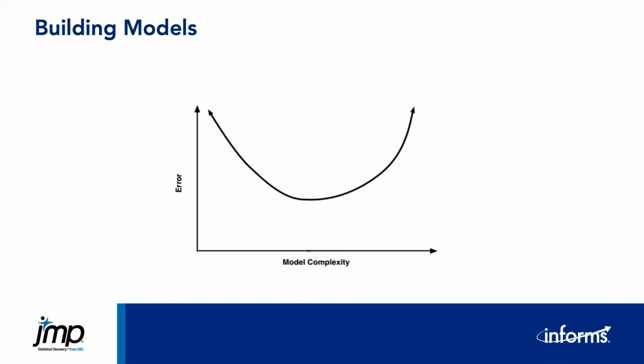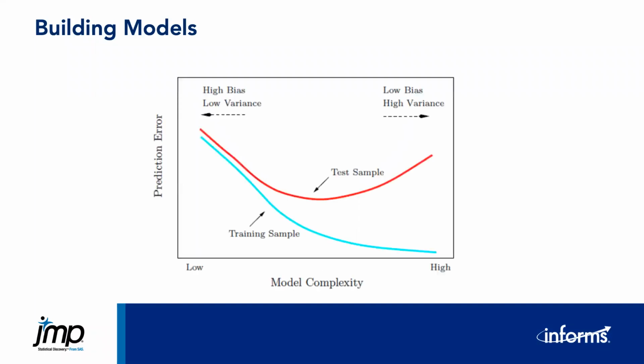And so we're going to actually use this concept today where we're going to break the data into two groups. One's going to be called the training data, and one's going to be called the validation, or sometimes the test data. Because as we build these models, we're going to be able to fit the training data better and better and better. And then as we're fitting these more complicated models, we're going to compare that fitted model to this test sample or validation data that I've set aside.